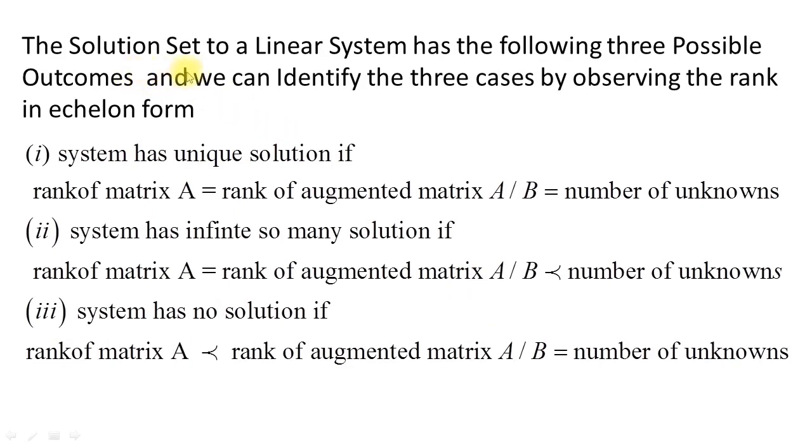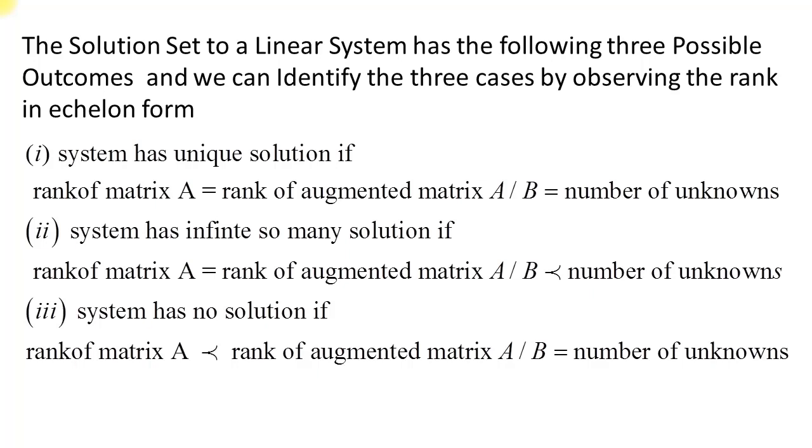Now, as I have already told you, the solution set to a linear system has three possible outcomes, and we can identify these three outcomes by observing the rank of echelon form. So, when we solve a system of linear equations by Gaussian method or by Gauss-Jordan method, first of all, check whether the system has a unique solution, infinitely many solutions, or no solution.